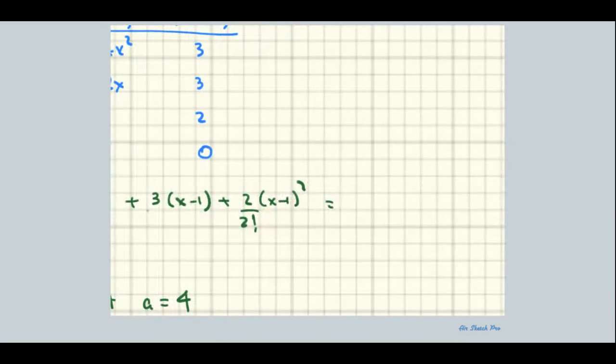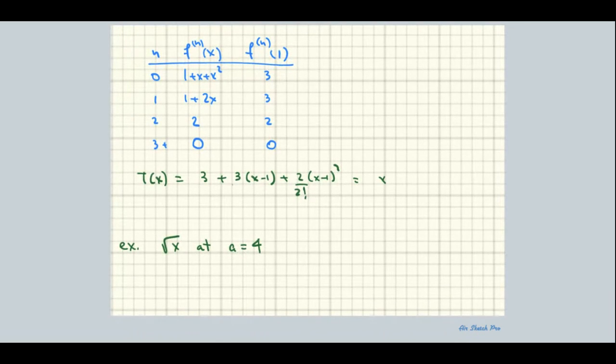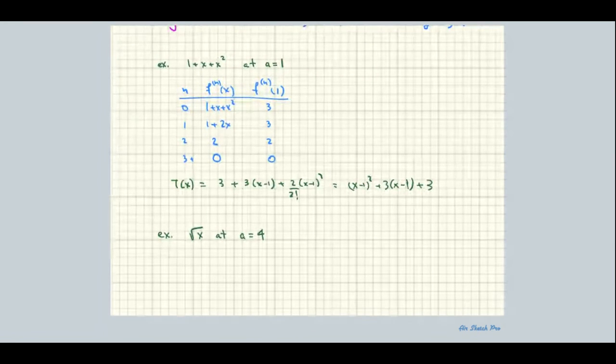Or I can write this as x minus 1 squared plus 3 times x minus 1 plus 3. So in a sense, we use this to do a shift on the original polynomial.